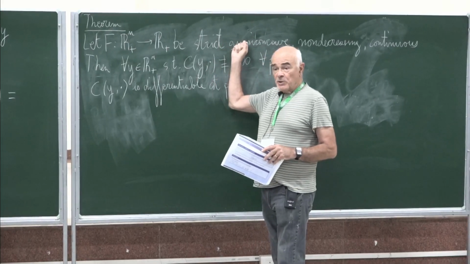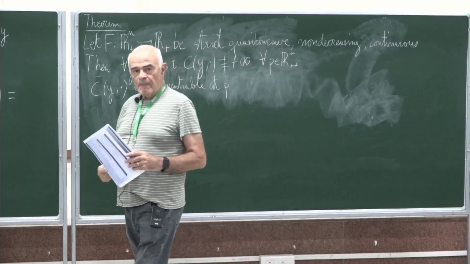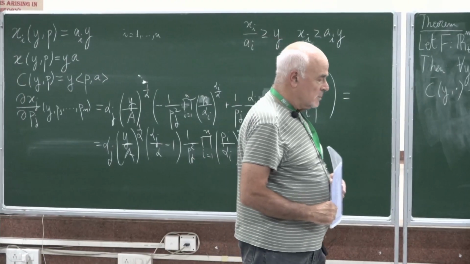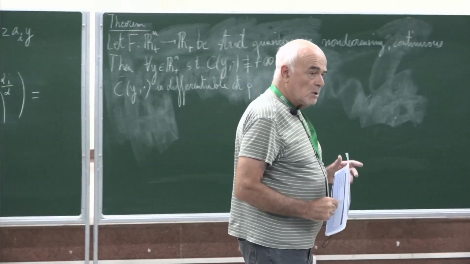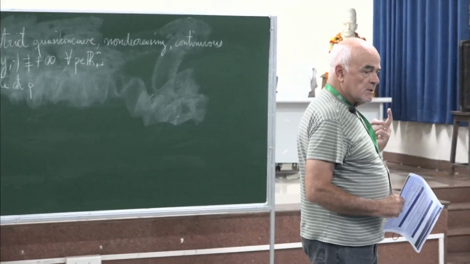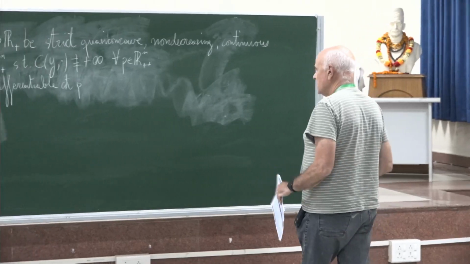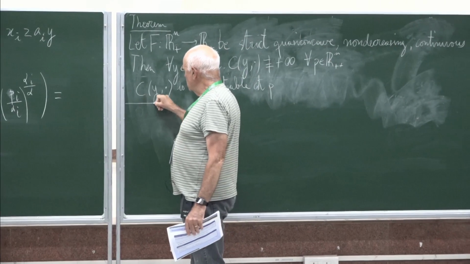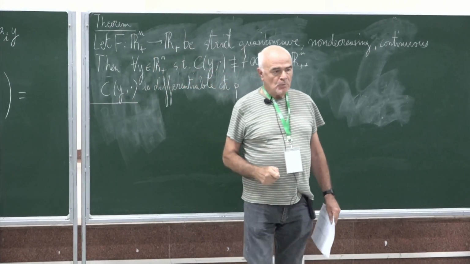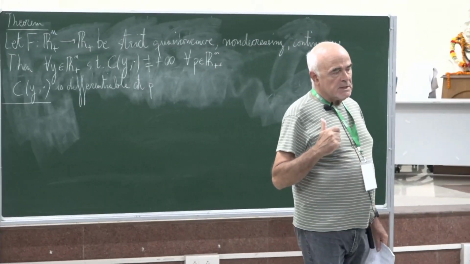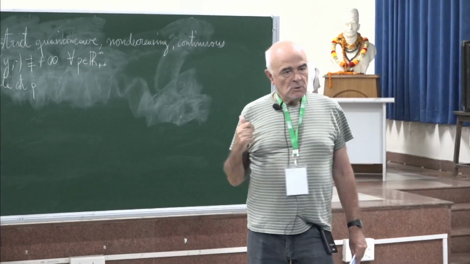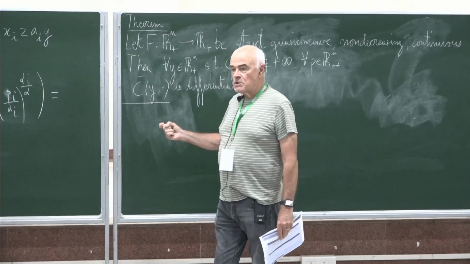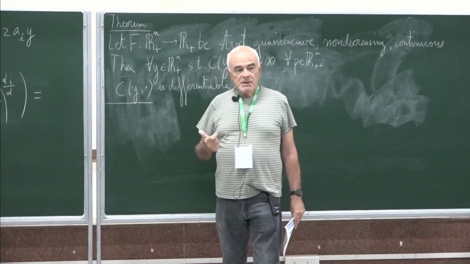This function is regular, is more than regular. So then we know that the solution set, the optimal solution set to the cost minimization problem is the superdifferential of this function at P. Well, so I will prove that the superdifferential has just one element.